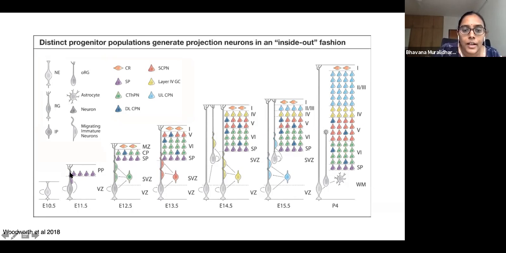They do so first by direct neurogenesis, giving rise to neurons, which form a very nascent initial structure called the preplate. I'm not going into the details of all of that. But once the layer formation starts, it starts making intermediate progenitors, which are also basal progenitors. There are differences between these, not just in terms of markers, but in terms of their division as well.